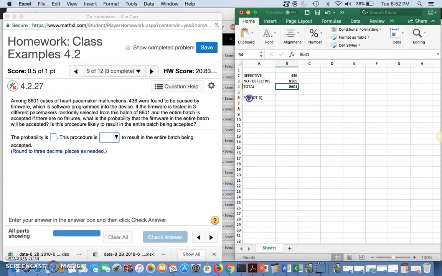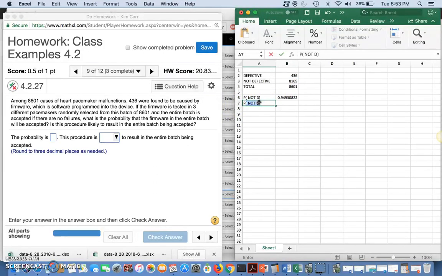Well, the probability, let's do it this way first. The probability of getting one that's not defective, what would that be? We would take that number and divide it by the total. The non-defective divided by the total. That's the probability of 1.